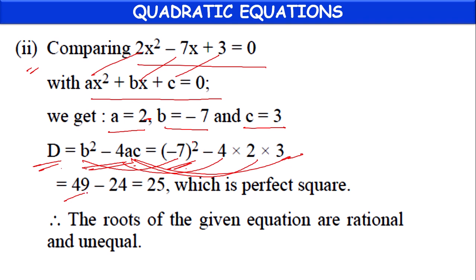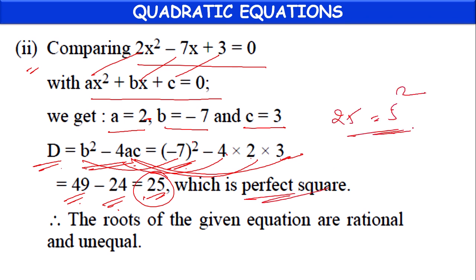Minus 7 whole square equals 49, 4 into 2 is 8, 8 into 3 is 24, 49 minus 24 is 25, which is a perfect square, because 25 can be written as 5 square. So as we got a perfect square, the roots are rational and unequal.